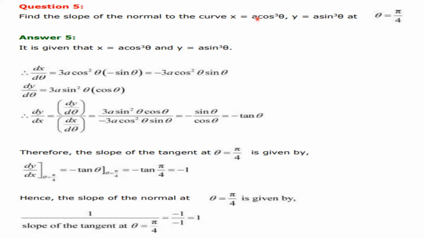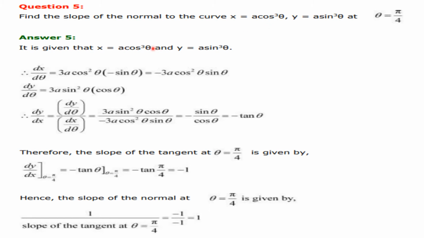Immediately, when you find the term normal in a given question, we have to find dy by dx. But the equation of the curve is given in the parametric form.